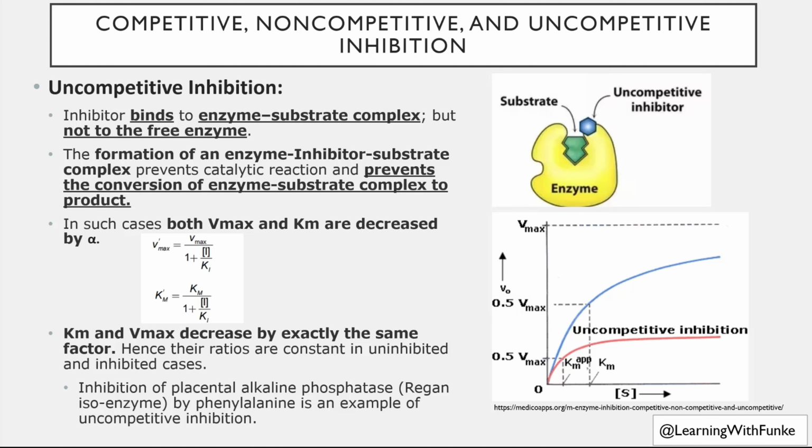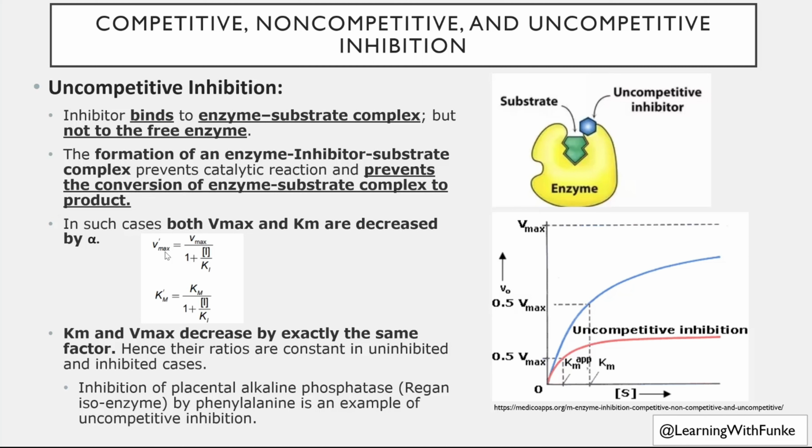And so the formation of this EIS complex, the enzyme inhibitor substrate complex, will prevent further catalysis from going on, so we can't convert that enzyme substrate complex to product, right? And in this case, we have Vmax decreasing, right? We also have Km decreasing, and they both decrease by this same constant alpha.